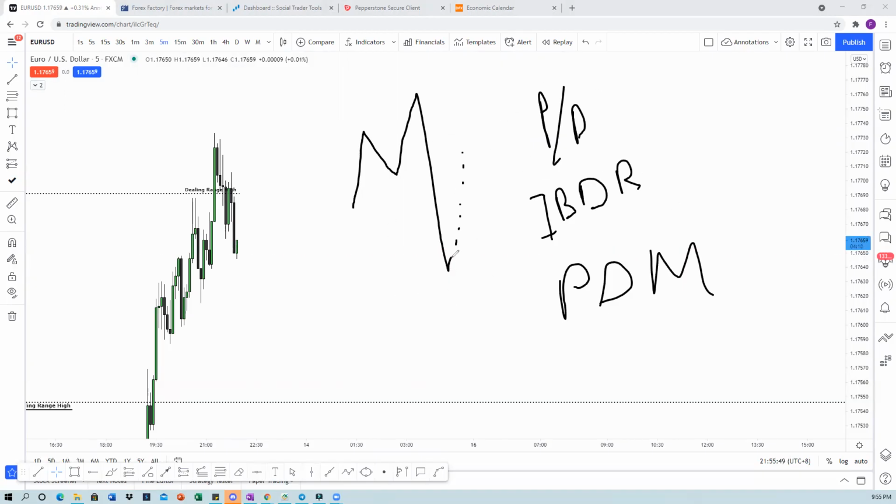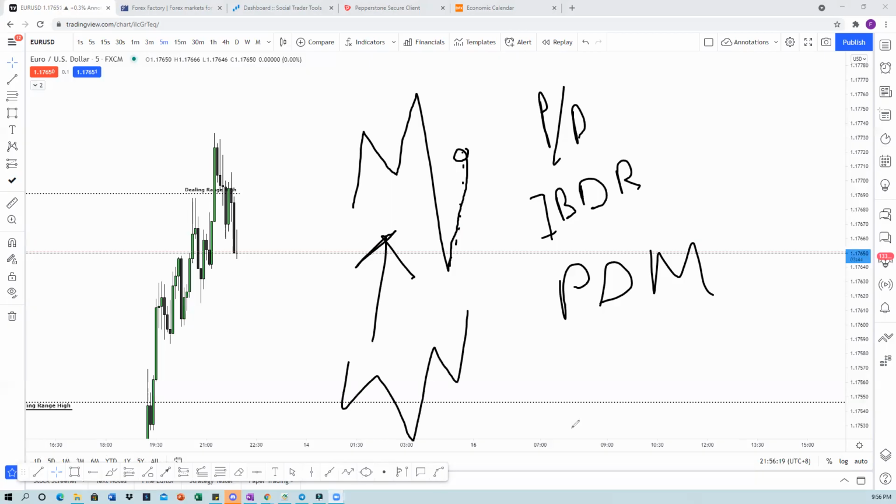Just to see when and where we can expect this move to happen. That's all there is to it. When and where we can expect this move to happen. Now, of course, it is algorithmic in terms of certain things should happen before it reaches that point, but it doesn't change the fact that ICT's trading is central to this. Okay, price moves in algorithmic steps to complete a swing high formation and a swing low formation. That is all there is to it.